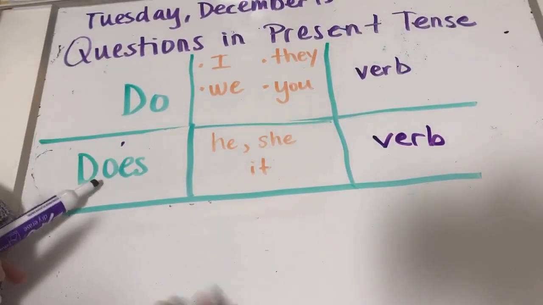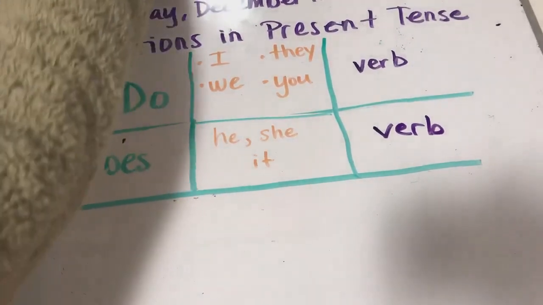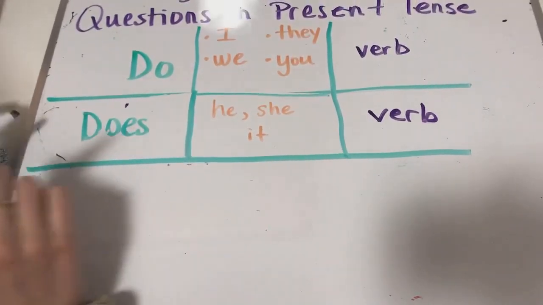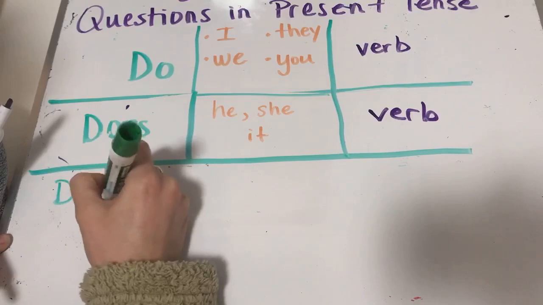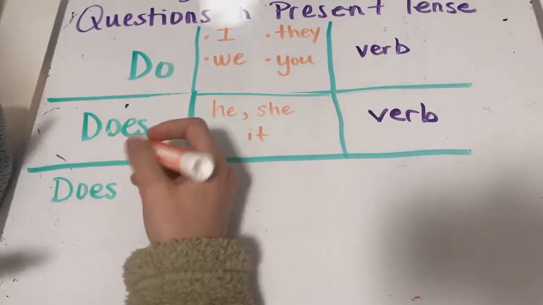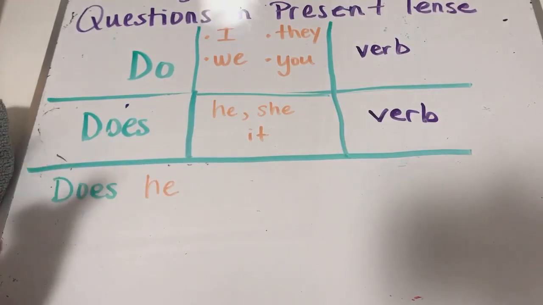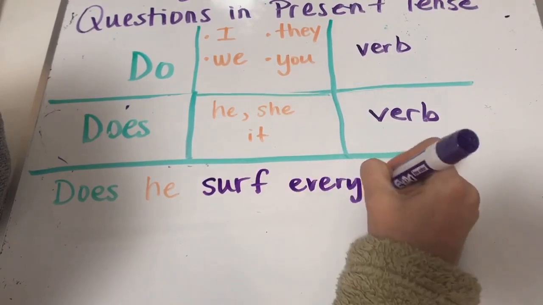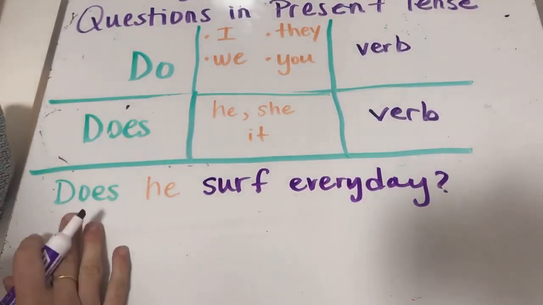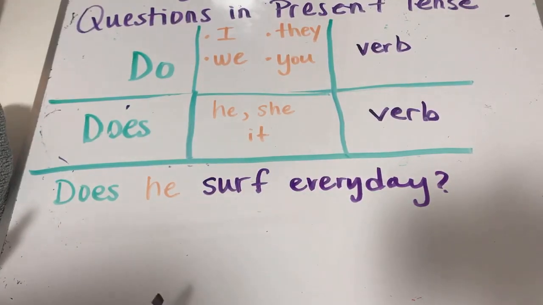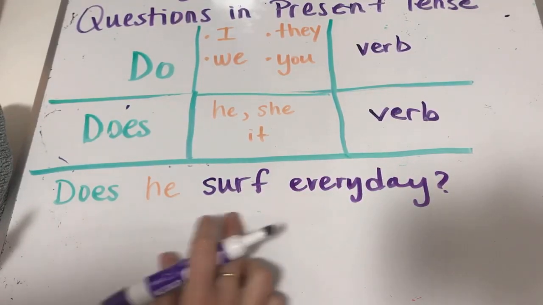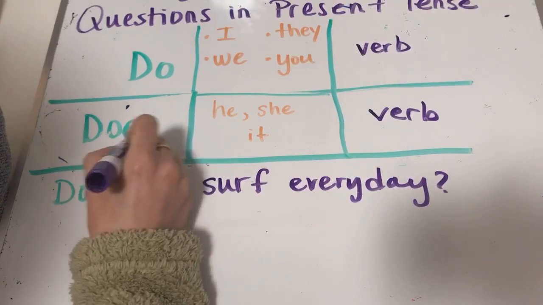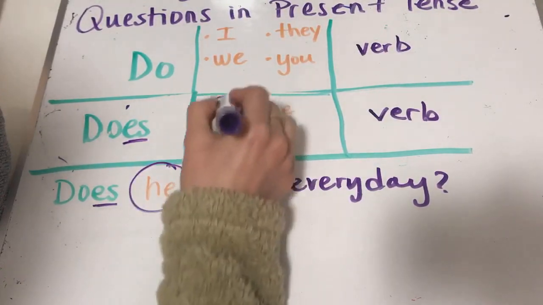So I could say, does he surf every day? Does he surf every day? Él surfea todos los días. So I'm using does because the subject, el sujeto, the subject is he.